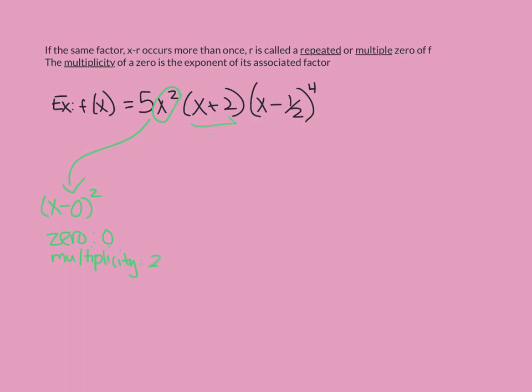For this middle one, x plus 2, my 0 is -2. I don't have an exponent, but you can just imagine that there is an invisible 1 there. So for that one, my multiplicity is going to be 1. And then for this last one, my 0 is 1/2, and the multiplicity is going to be based on its exponent, which is 4.